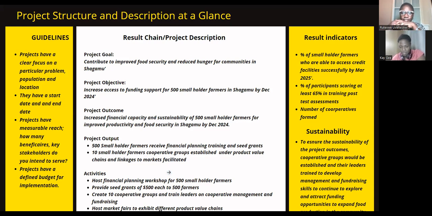For the results in the proposal plan, it would be good to start with the intervention logic, which is the white part. What is the logic statement? If I do this, something will happen. Then you can put the goal, then the specific objective.